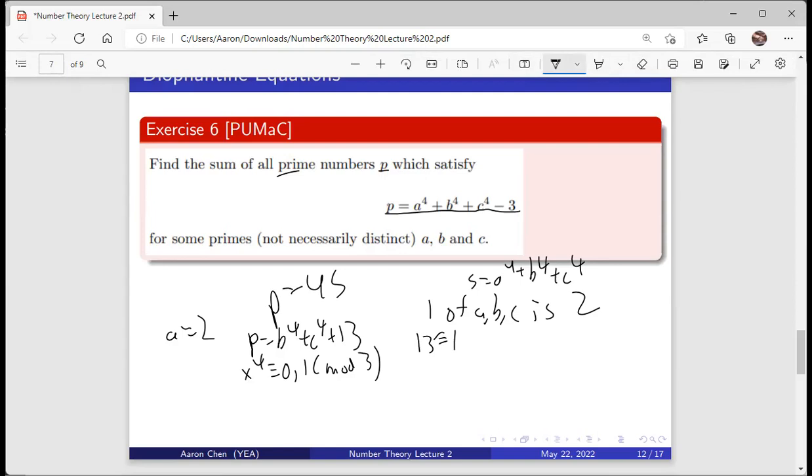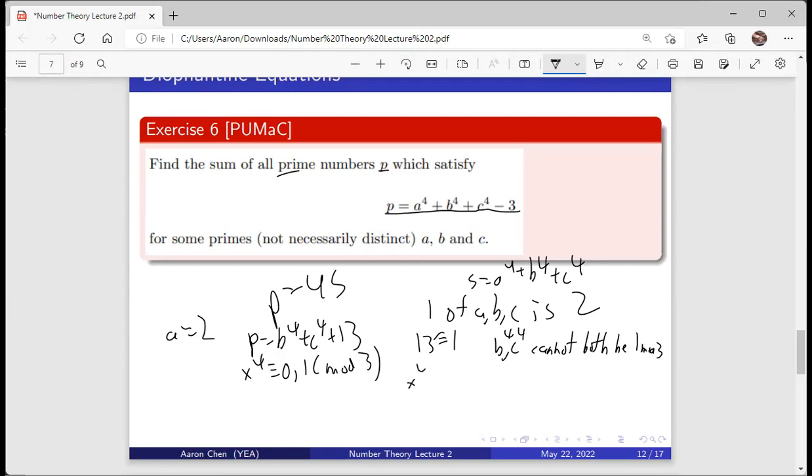And so that means that b to the fourth and c to the fourth cannot both be 1 mod 3.